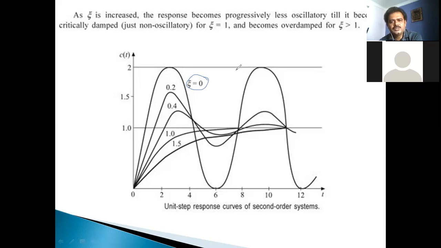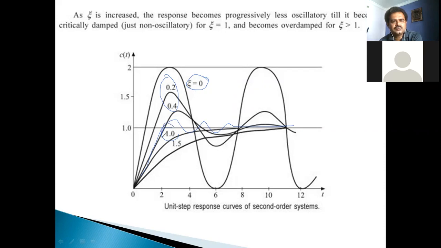As we increase the zeta value, the oscillations get reduced. These are underdamped cases, when zeta is equal to 0.2, 0.4, or 0.8. The oscillations get reduced as the zeta value increases.